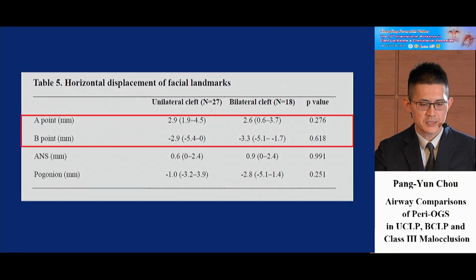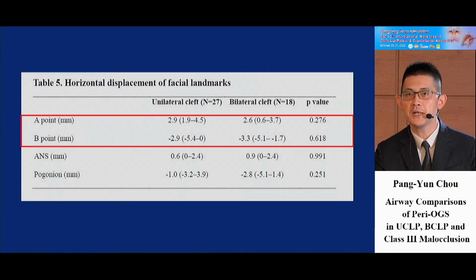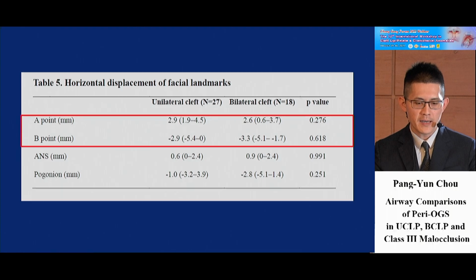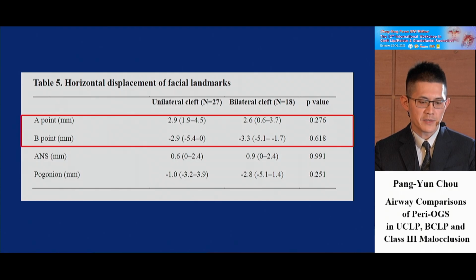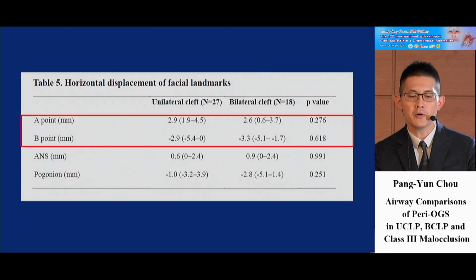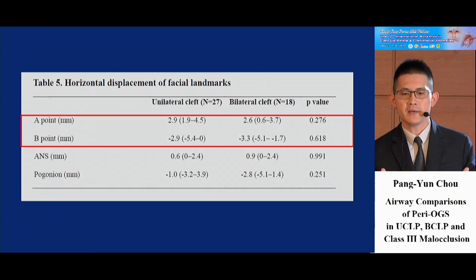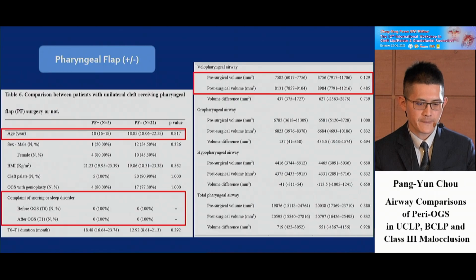However, we could move the B point backward a little more in the BCLP patients, around 3.3 backward, while in UCLP it is around 2.9. But all the numbers here show no significant differences.